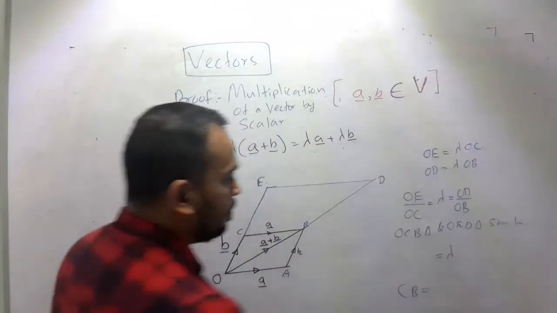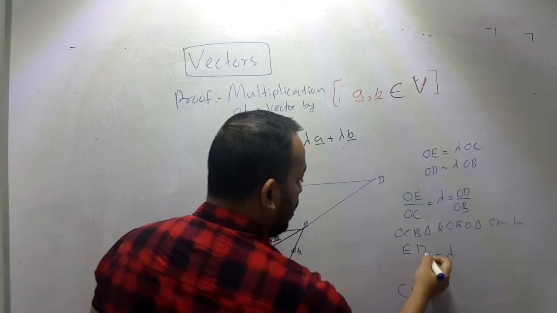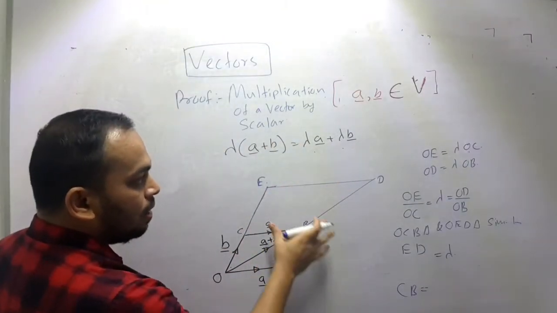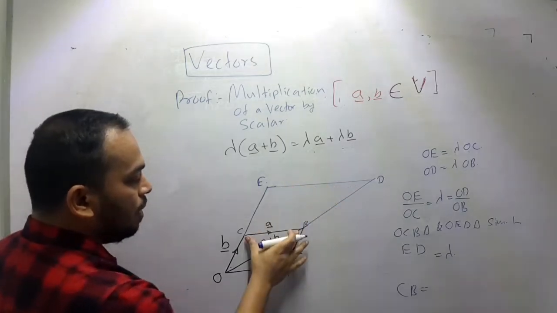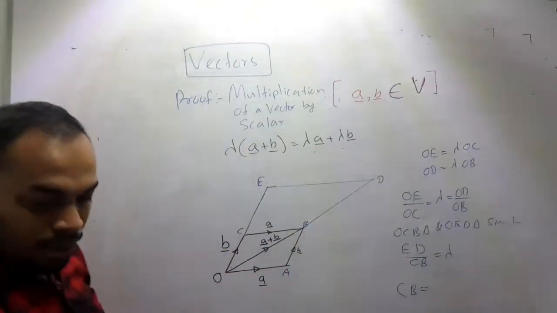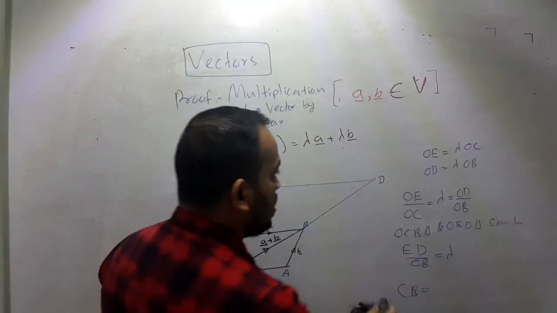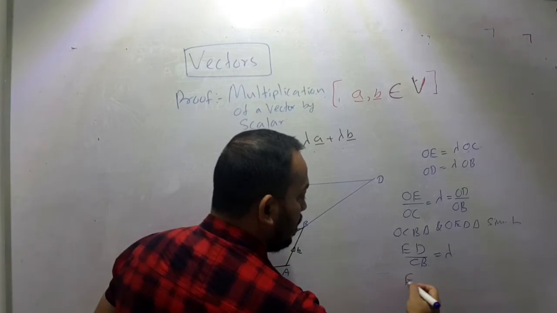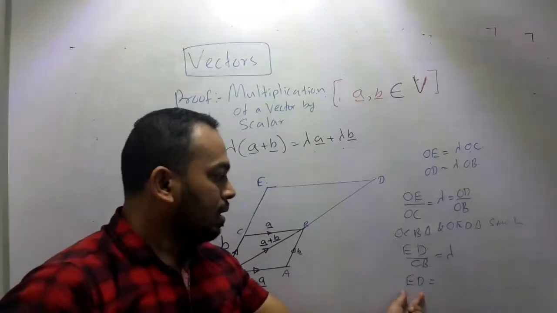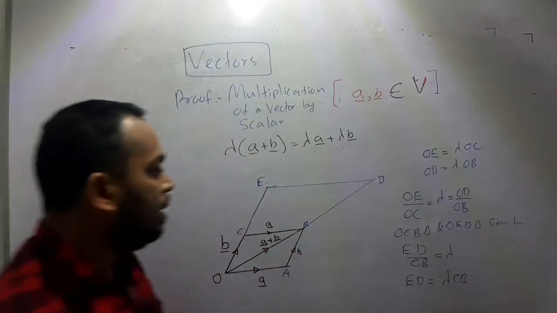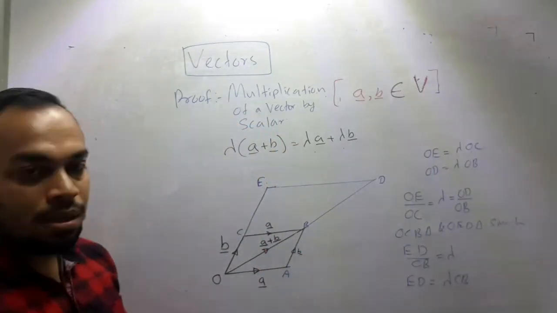ED, this small side, divided by this large side CB. So what does it imply? It implies that the ED length is lambda times CB. The ED length is lambda times CB.